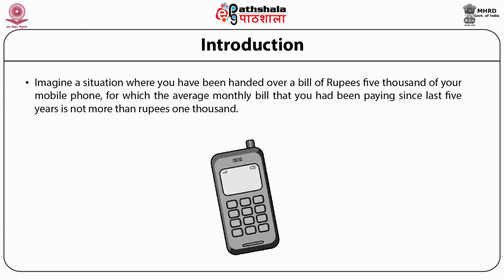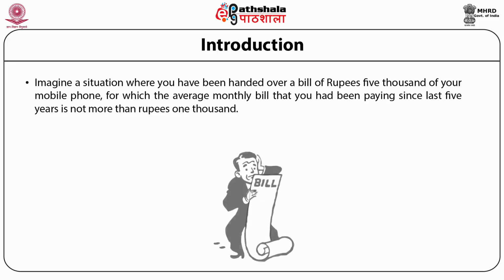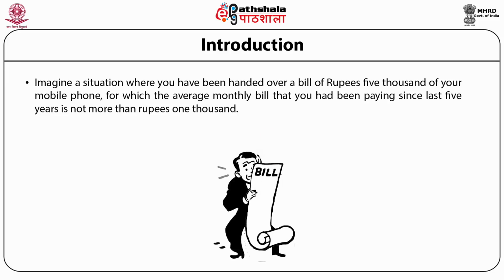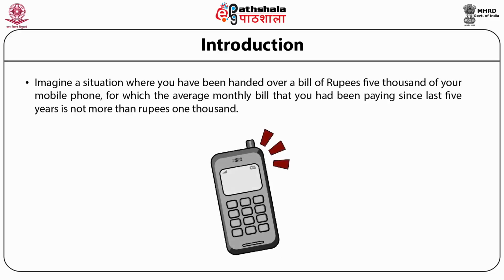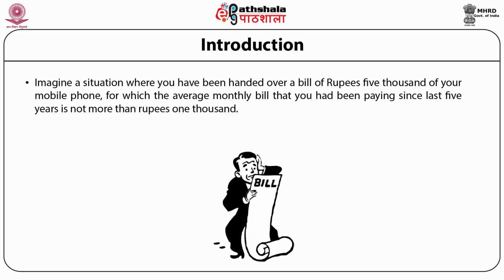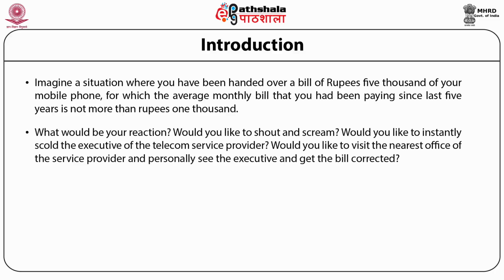Imagine a situation where you have been handed over a bill of rupees 5,000 for your mobile phone. On an average, your monthly bill till then had been not more than rupees 1,000 since last 5 years. What would be your reaction? Would you like to shout and scream?